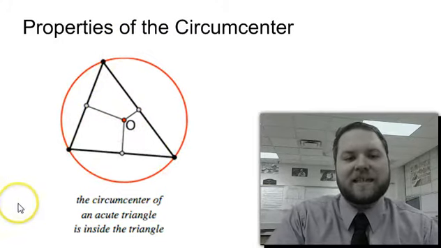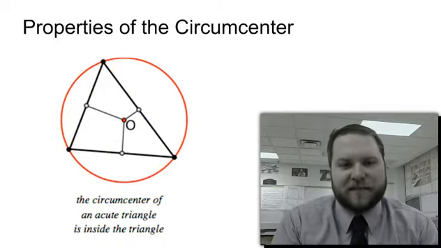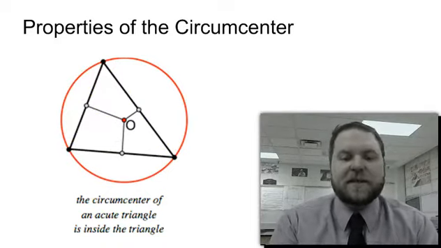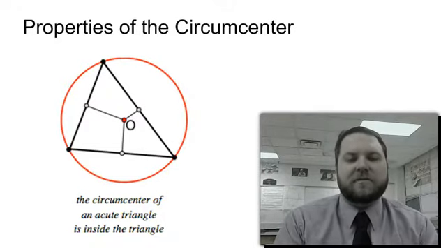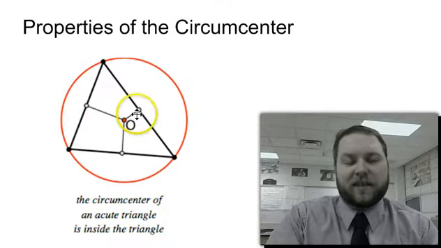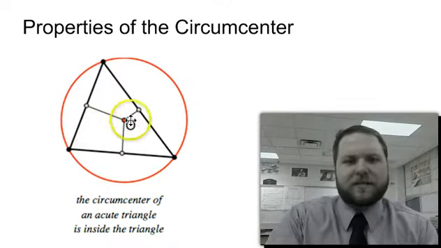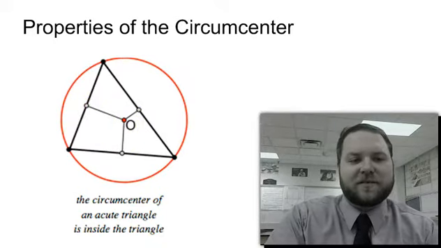When that's the case, every angle in the triangle is what we call an acute angle. That means it's less than 90 degrees, and so we call the whole triangle acute. So this triangle would be an acute triangle because all the angles are less than 90 degrees. But as a consequence of that, the circumcenter will be in the center of the triangle.